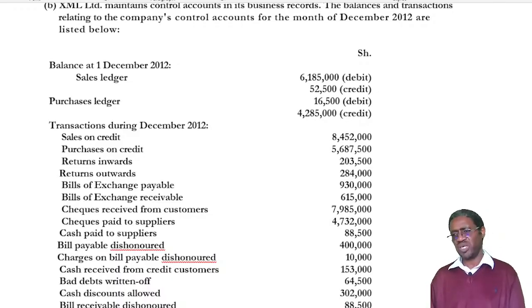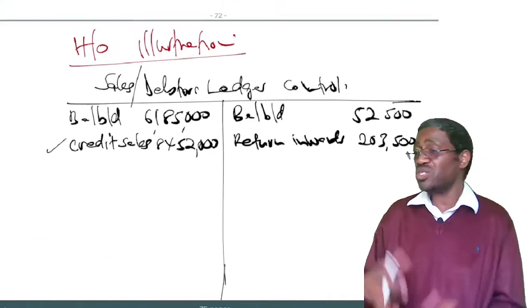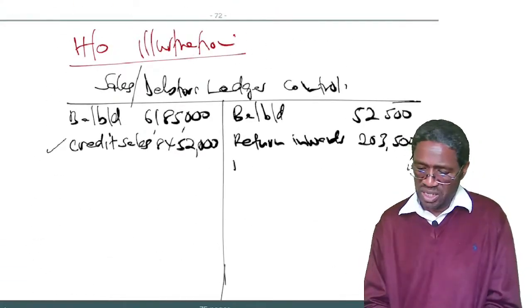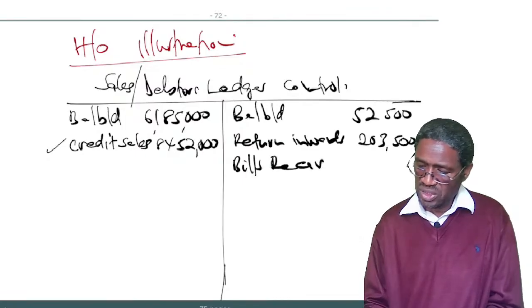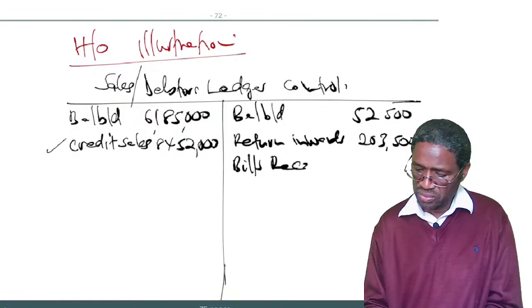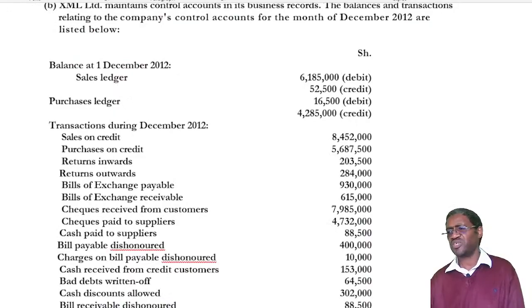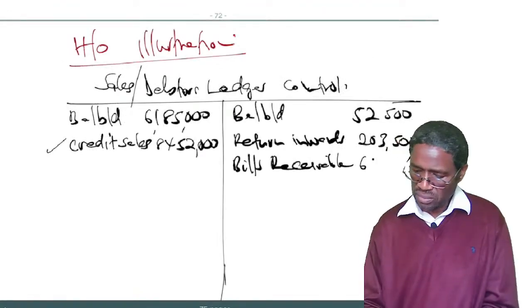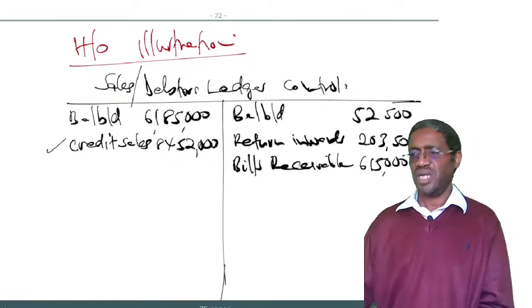How much? $615. So we enter it. You go to the debtor's account and you credit because you have been paid. Come and say your bills receivable. We have said it's how much? $615. Good. Next.